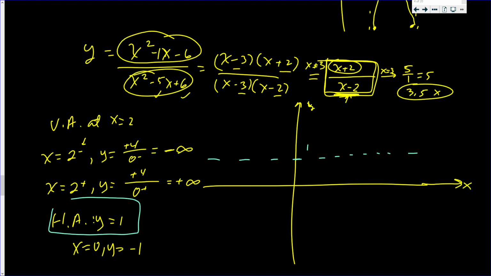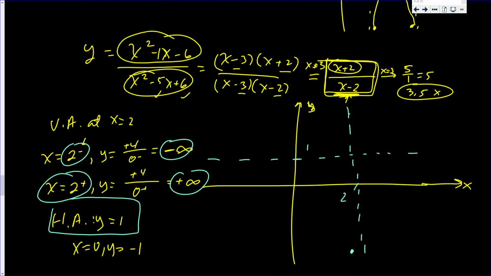And then you have a vertical asymptote only where x is 2. If you're a little bit to the left of 2, that is less than 2, you're at negative infinity. If you're a little bit more than 2, to the right of 2, you are at positive infinity.